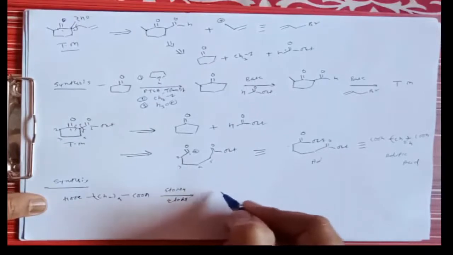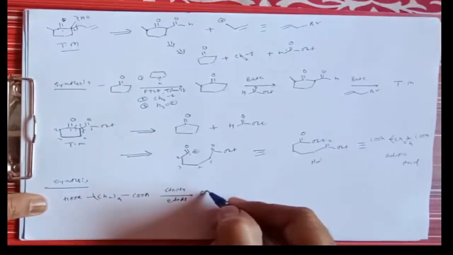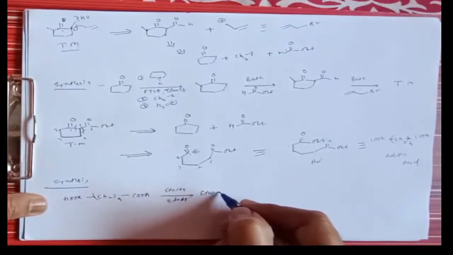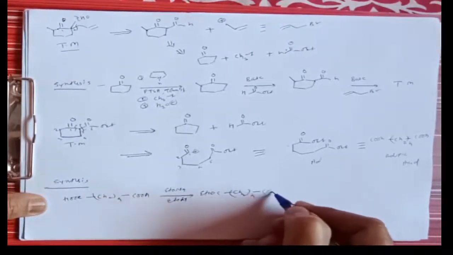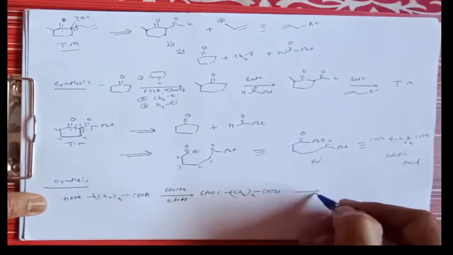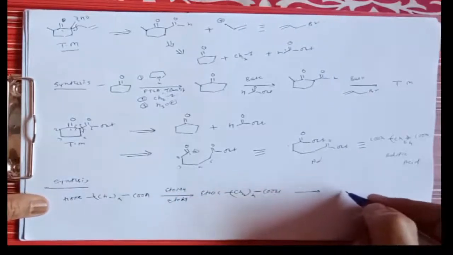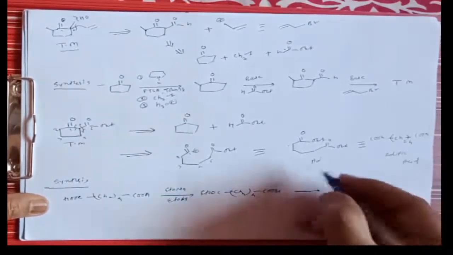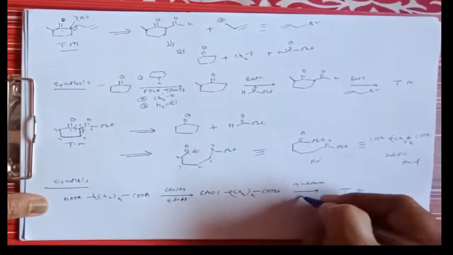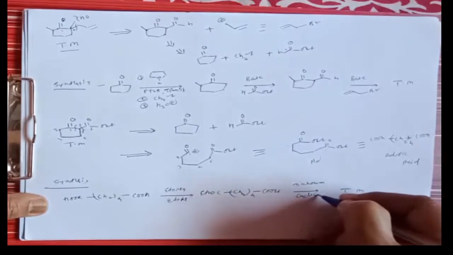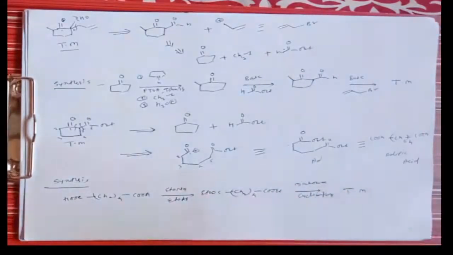So it gives ethyl adipate, EtOOC, CH2 four times, COOEt, and then in presence of base it undergoes cyclization and gives the target molecule. This cyclization is called the Dieckmann cyclization. That means if an ester molecule is there and you go for cyclization in that ester molecule, this is called Dieckmann cyclization.